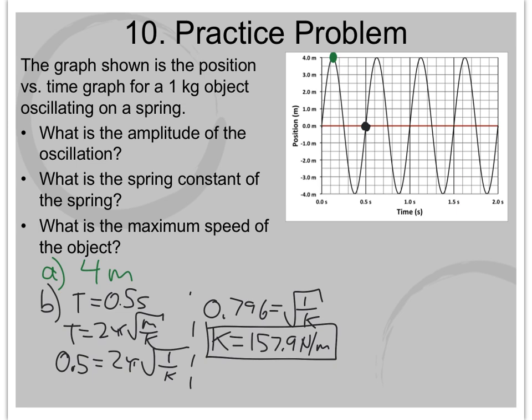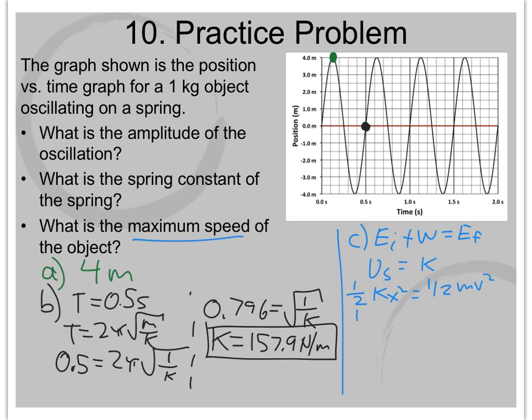Moving on to the last question, what was the maximum speed? And for that, I'm going to be thinking about energy, similar to what I did in the last problem. So I'm going to be thinking about E initial plus work equals E final. We're starting with spring potential energy and transferring all that to kinetic. So 1/2 kx squared equals 1/2 mv squared. So we can say 1/2 times 157.9, and then my displacement is going to be 4, because that's when we have our maximum spring potential energy at the amplitude.